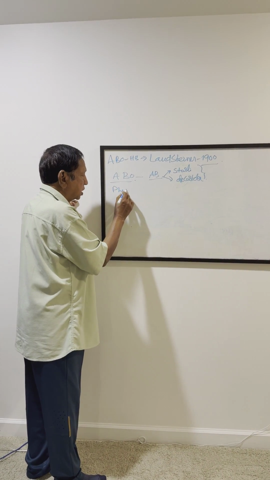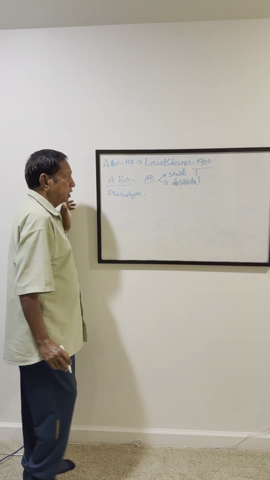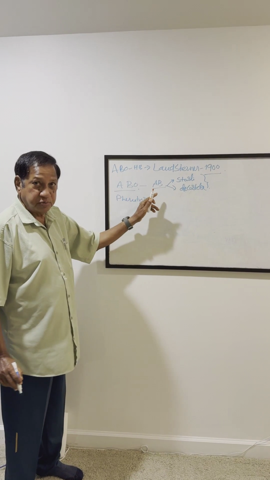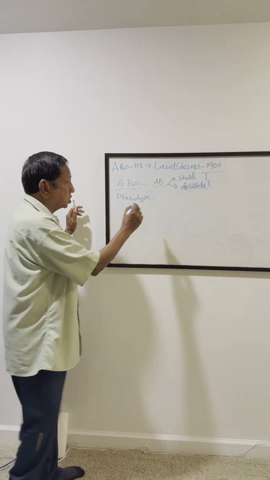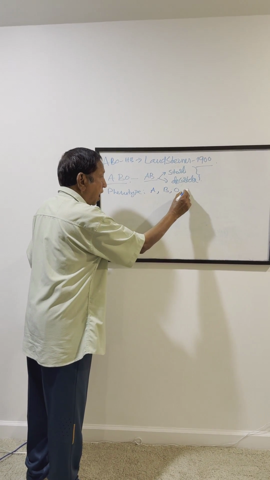This is what is referred to as the phenotype. The phenotypes of the blood groups within the human population, expressed by the blood groups as multiple alleles, are 4 types: A, B, O and AB.